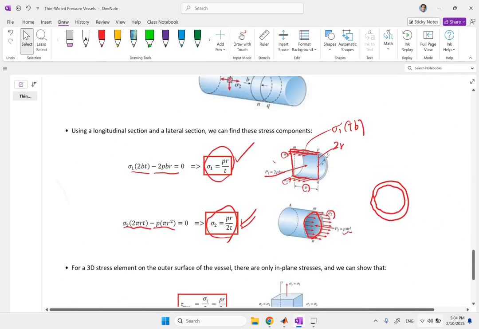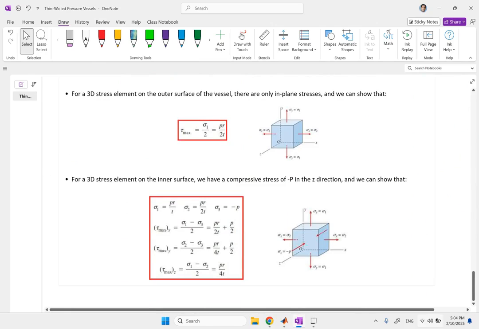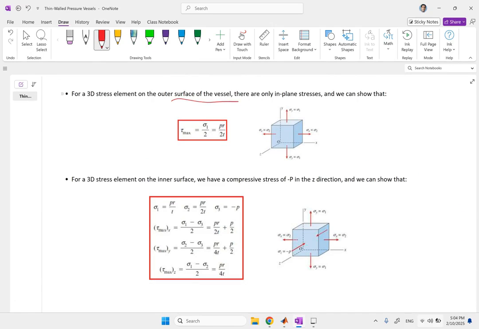Okay, so going back now, if you want to look at the stress elements on the outside and inside of the tank: on the outside of the tank, as I said, the outside of that element is exposed to the air, which has no pressure, no stress. So in one direction you have sigma 2, the other direction you have sigma 1, and your tau max is going to be half of sigma 1.